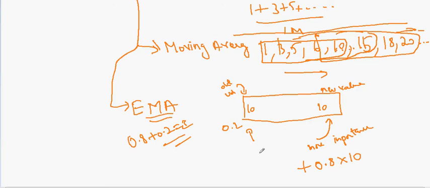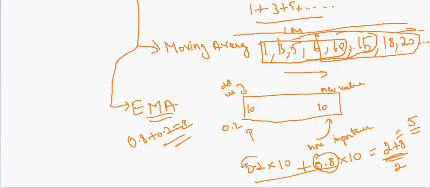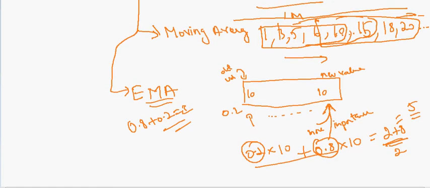So 0.2 into 10 is 2, plus 8, and 2 plus 8 divided by 2, so 5 is the average. These weights, 0.8 and 0.2, are given such that the new values have more importance. So that's exponential moving average.